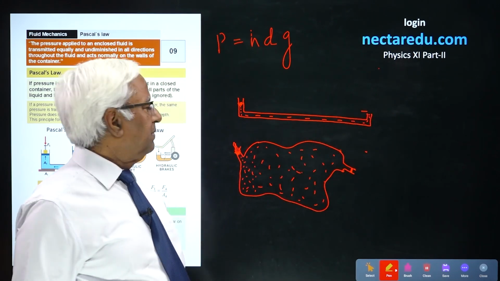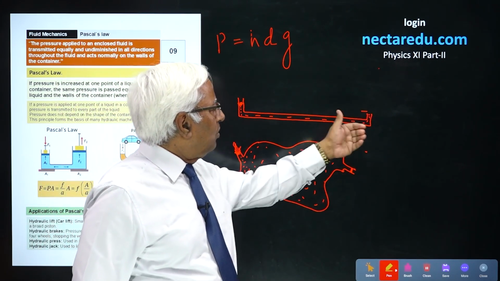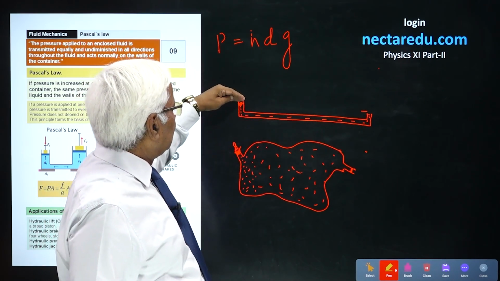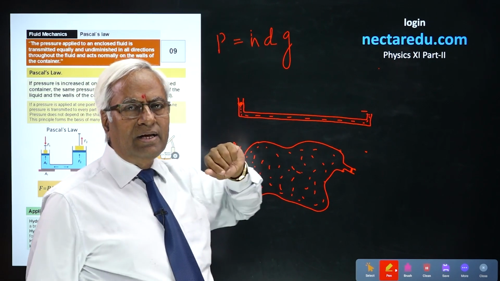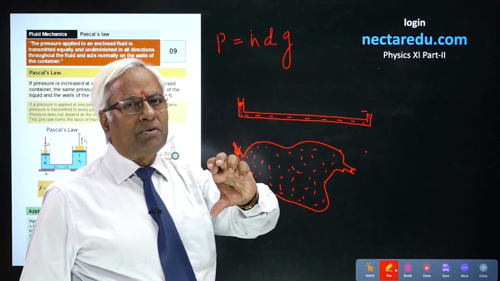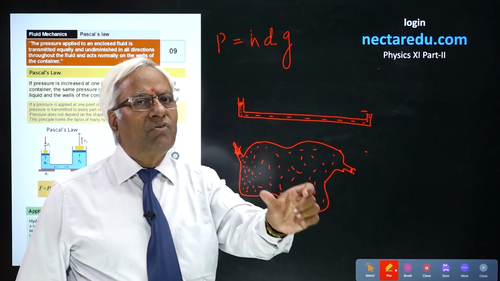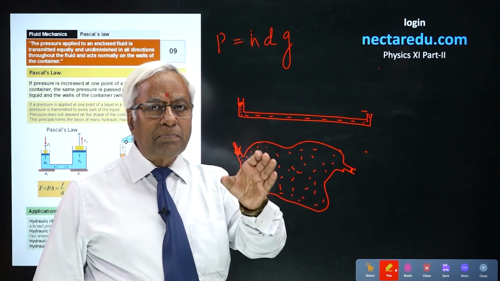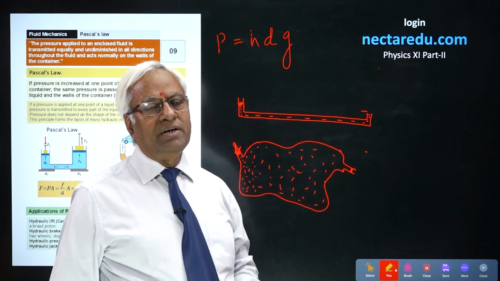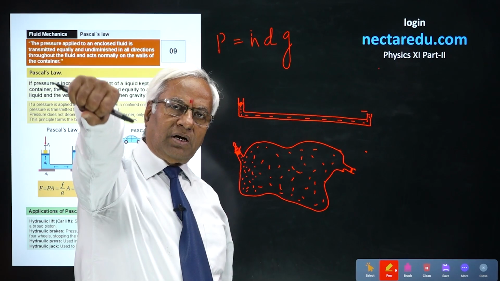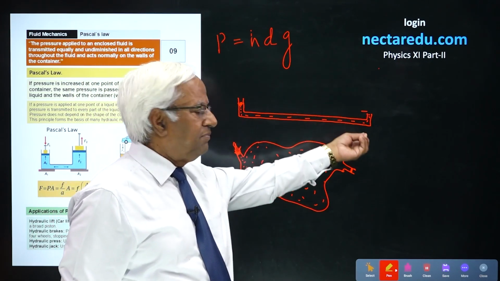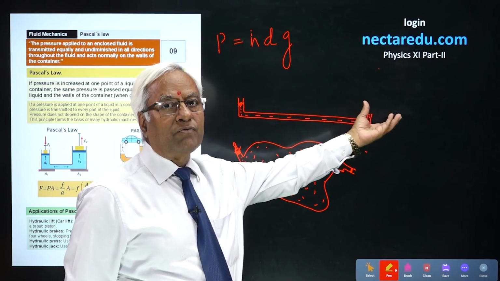Now, you might ask me, with what speed and what travels to this end? Actually, the water color will remain over here only. Something has been transmitted to this end, that is what we call electromagnetic force, electromagnetic pressure, and that traveled with the speed of light. Soon as you pour the water or liquid, at the very same time this will overflow.